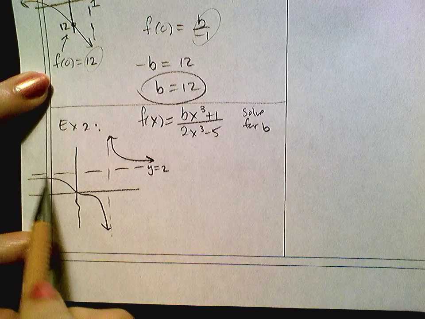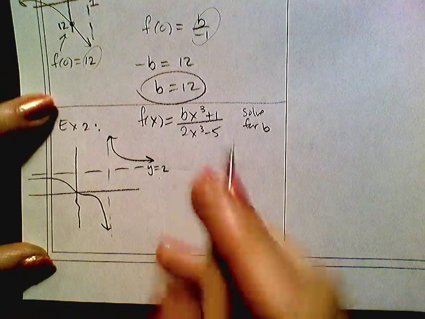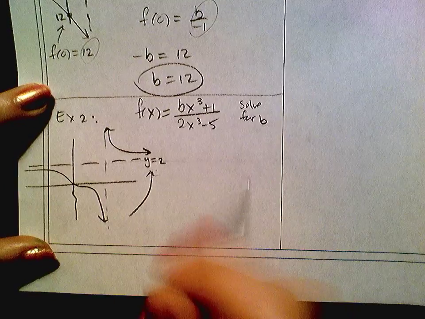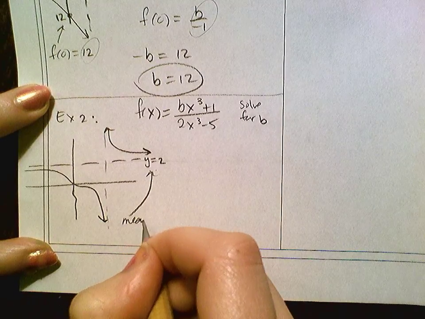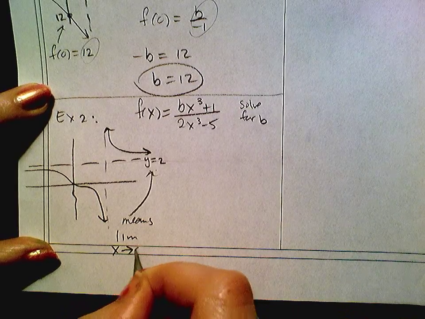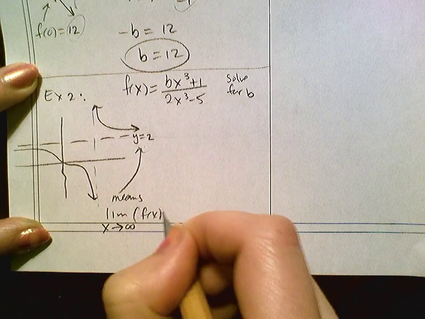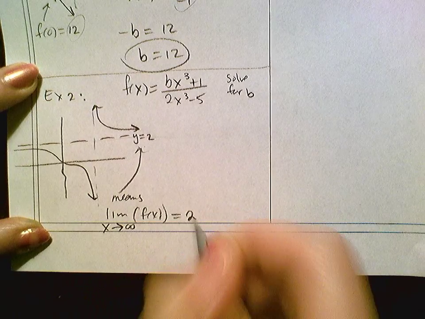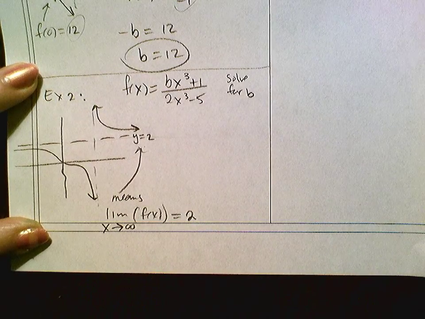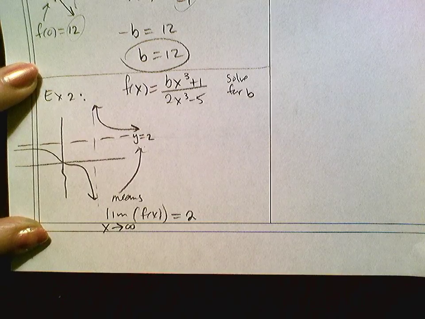And here I've got that this horizontal asymptote is 2. So this means that the limit as x approaches infinity of f of x is equal to 2. That's the definition of a horizontal asymptote. It's end behavior. That's what it's called.